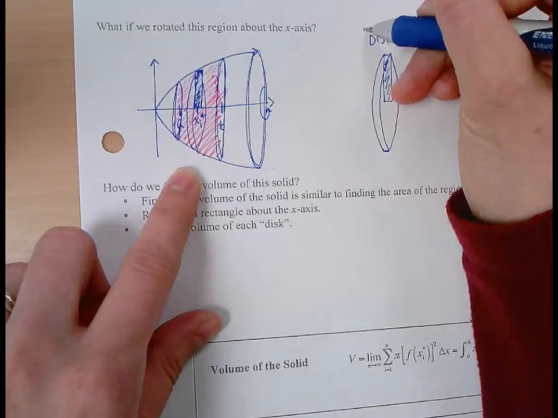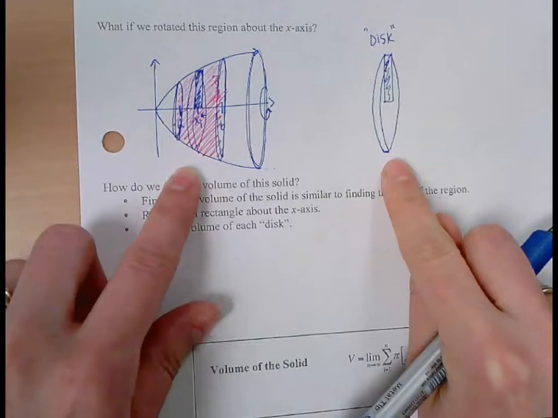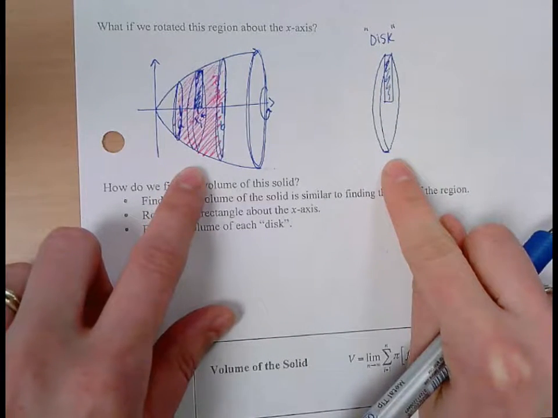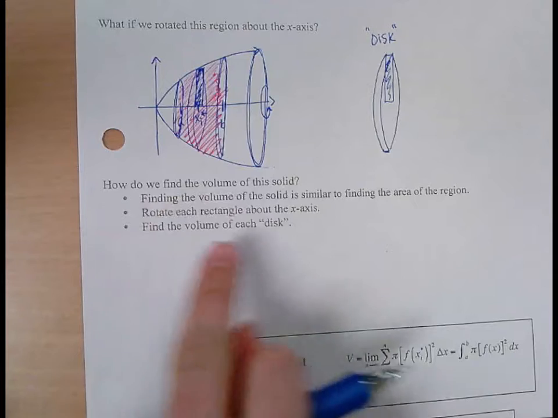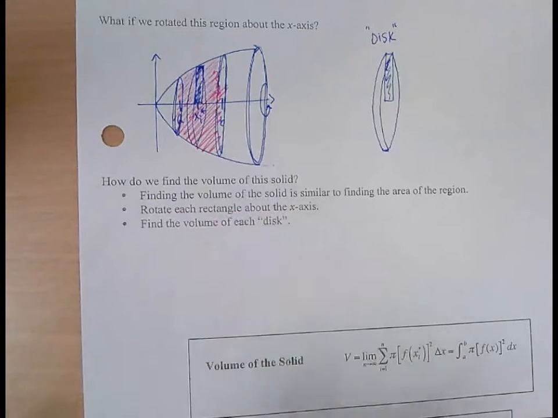So this is why it's called the disk method. So one rectangle is like a disk. Okay, so that's what is being said down here. You're starting out with a rectangle, rotate the rectangle around, creates a disk.